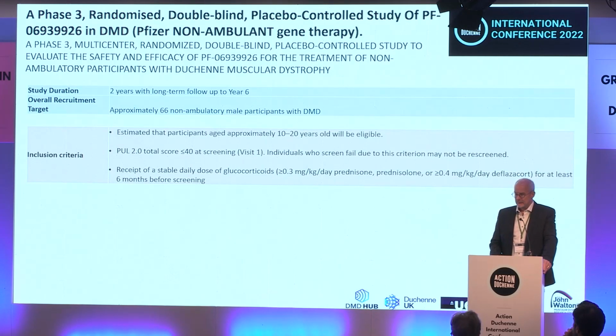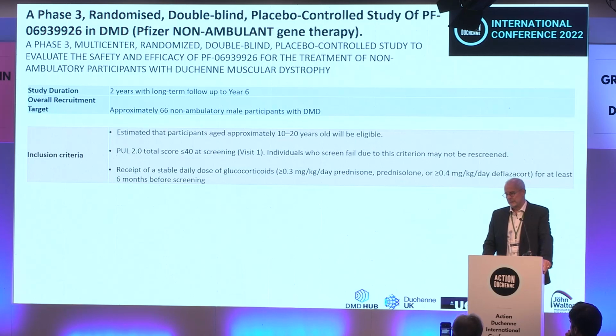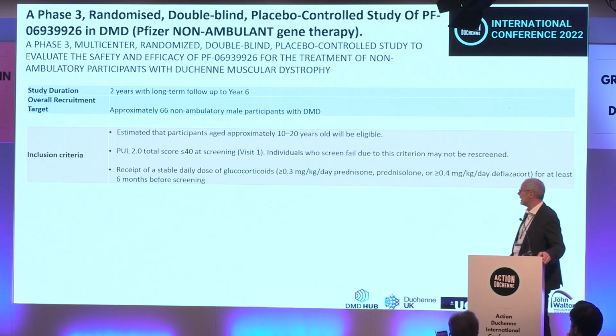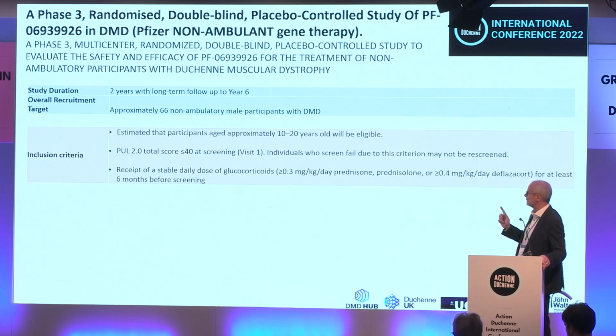And then very similar, there will also be from Pfizer a phase 3 trial that looks at patients that are non-ambulatory. So also here the study duration will be 2 years with long-term follow-up. I think for all of these studies there will be long-term follow-up. Approximately 66 non-ambulatory male patients are supposed to be enrolled.